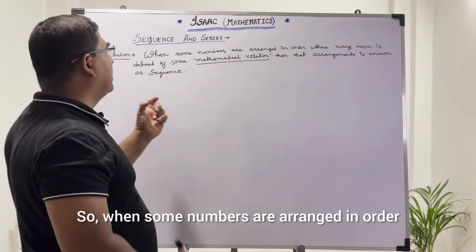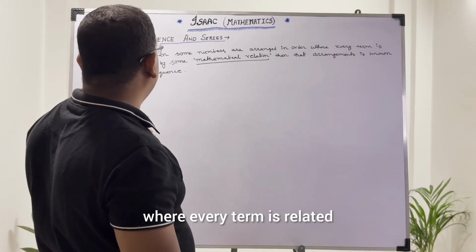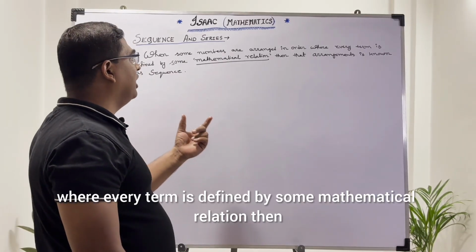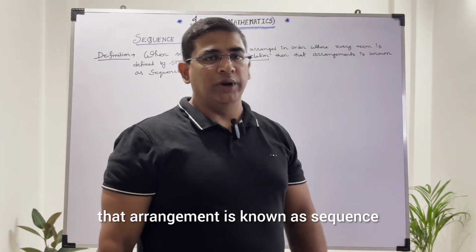Okay, so when some numbers are arranged in order where every term is defined by some mathematical relation, then that arrangement is known as sequence.